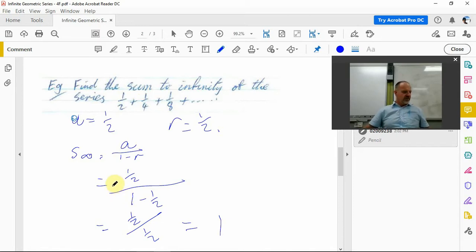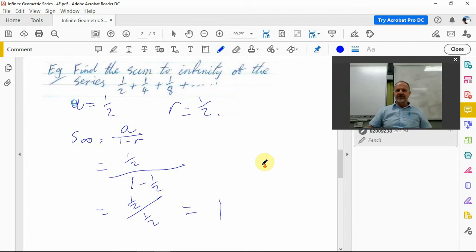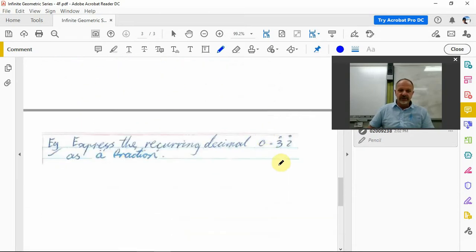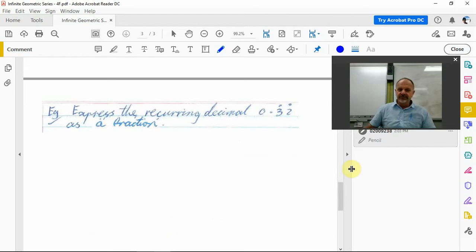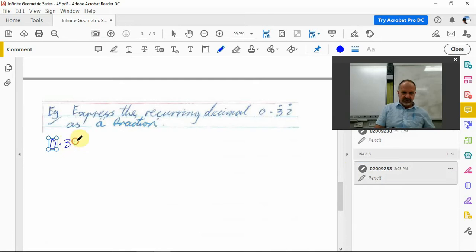All right, so we can use this sum to infinity, as we did earlier in the prelude, the step-up stuff, when we were doing some arithmetical kind of stuff, to express recurring decimals as a fraction. So this recurring decimal, 0.32 recurring, of course is 0.32, 32, 32, 32, 32, and so on.